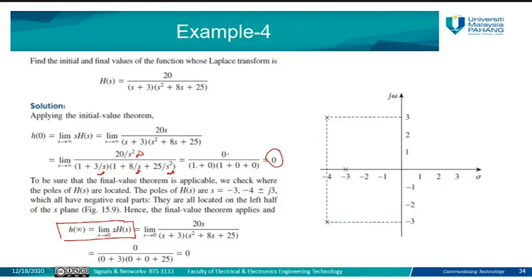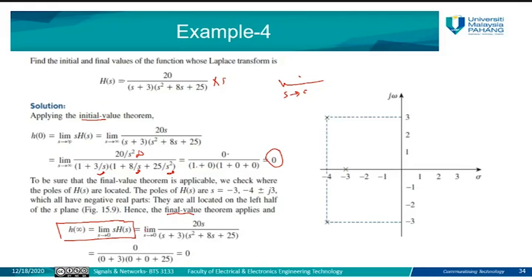So you need to multiply the same H(s) here by s, then find the limit of this function when s goes to 0. Instead of infinity as in the first case, here s goes to 0. Even though we are talking about the final value, in the s domain it goes to 0. Even though we talk about the initial value, in the s domain it goes to infinity. So this is the property of the Laplace transform.